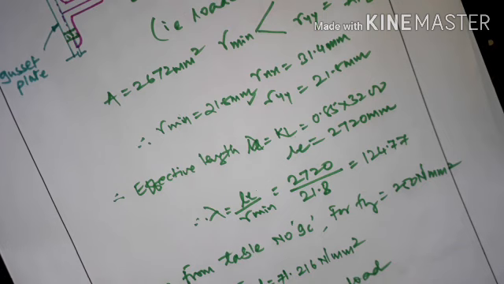If you make any mistake, then you will lose marks. The important values are the radius of gyration rxx, ryy, or ultimately r minimum, and after that interpolating for the value of fcd from table number 9C of IS 800 2007. That is very important.